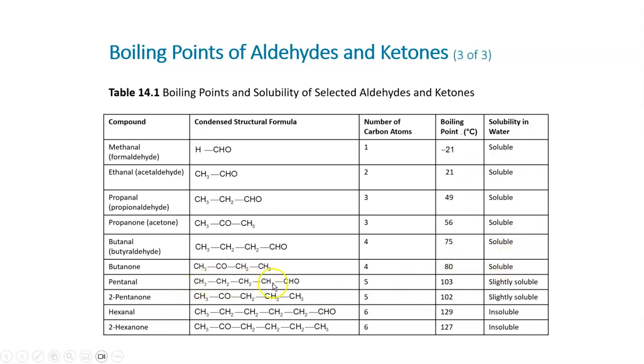But as the number of carbon atoms is increased, they become slightly soluble with pentanol and 2-pentanone, 5 carbon containing aldehydes and ketones, and become insoluble for 6 carbon atoms containing aldehyde and ketone, because they can't make hydrogen bonds properly due to the presence of these long carbon chains.